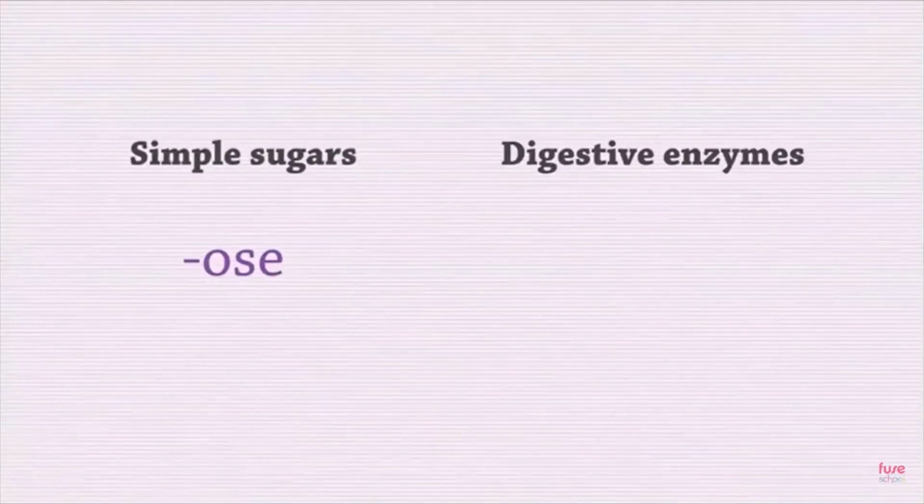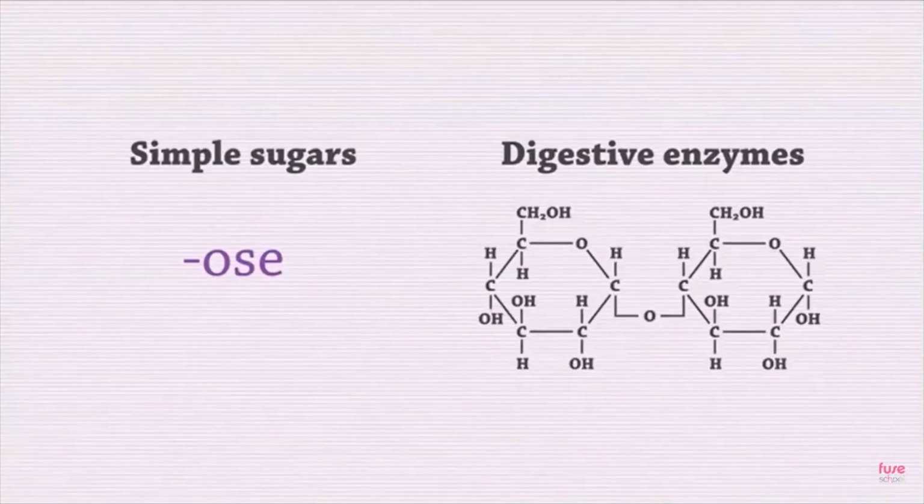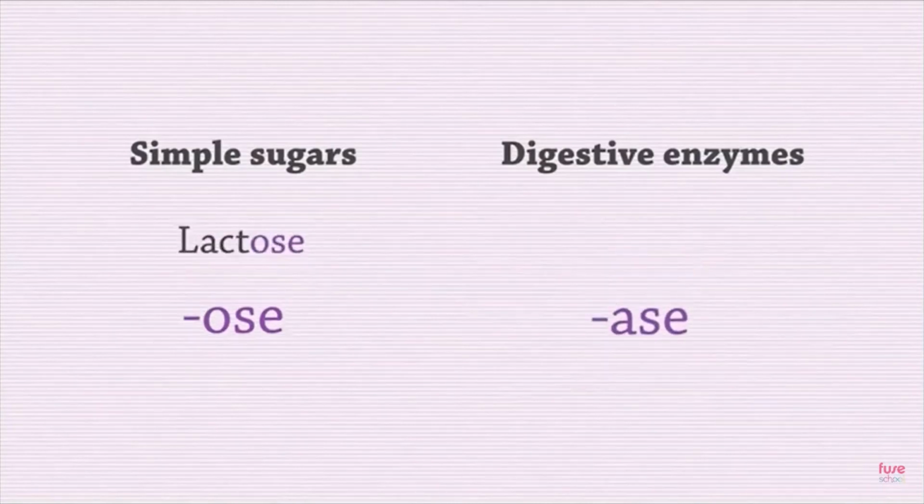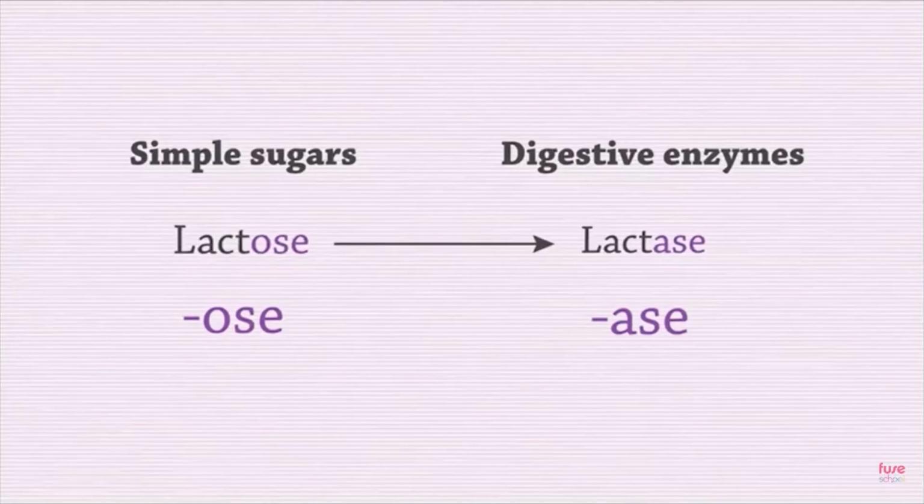The enzymes responsible for breaking down the glycosidic linkage in the disaccharides have the same prefix as the disaccharide, with the suffix -ase. People who are lactose intolerant do not have sufficient lactase in their gut. Lactase is the enzyme that digests lactose.